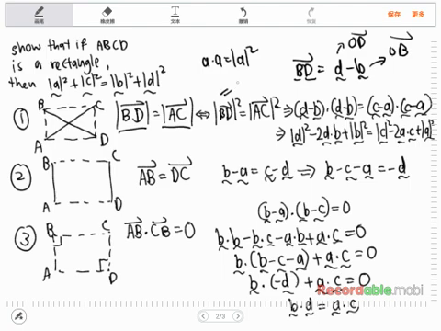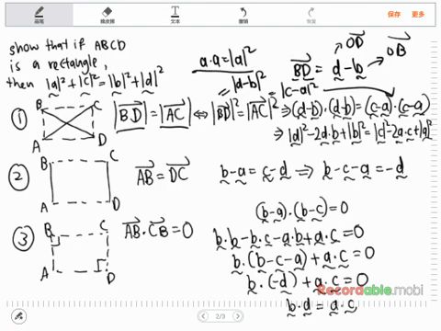So D minus B mod square is equal to this, and this is equal to C minus A mod square. So C minus A mod square becomes the dot product, again using this formula. C minus A dot C minus A equals mod C minus A square.